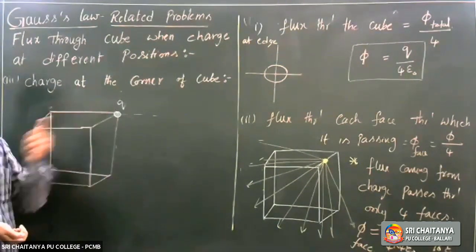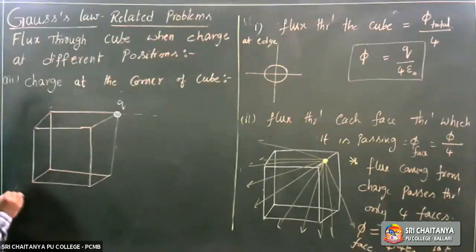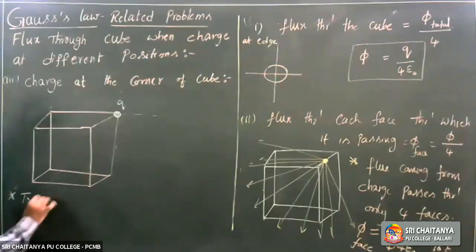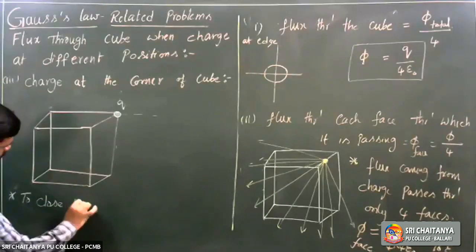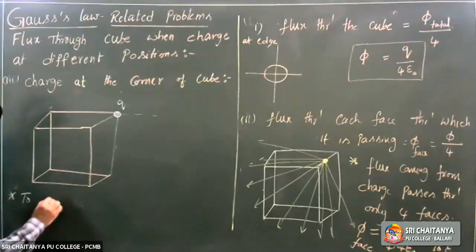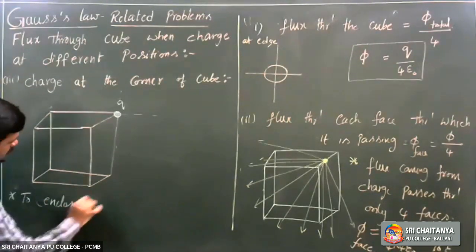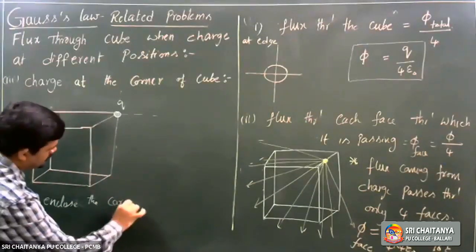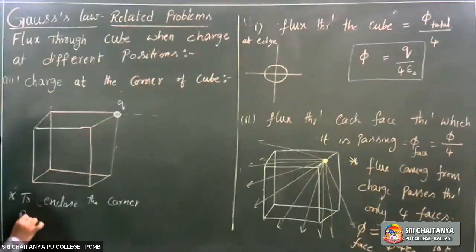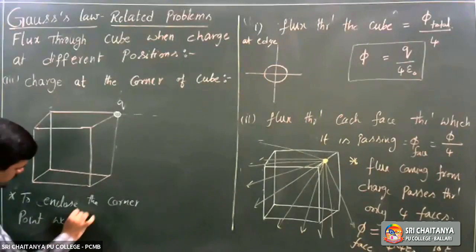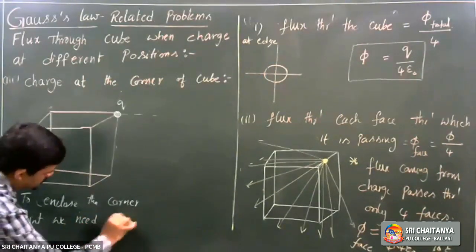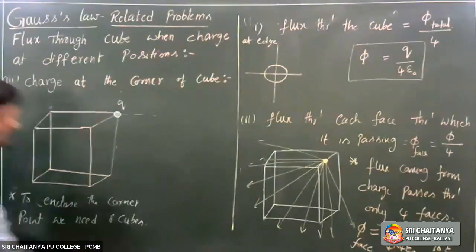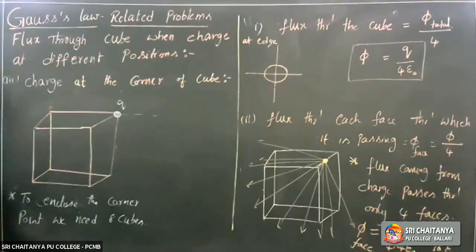So to enclose the corner point, we need 8 cubes, right? Note the point to understand.